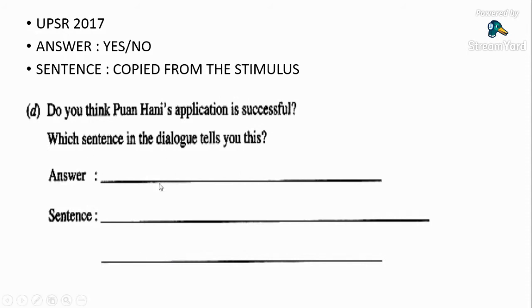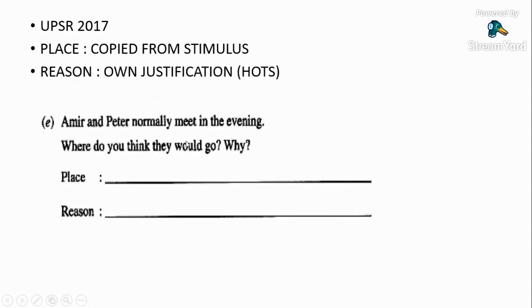In the yes or no ஒரு mark, sentence ஒரு mark. So yes or no, if you write answer yes, if that's the correct answer, you get 1 mark. But let's say ஒரு spelling சாலாவானாலும் they will mark you wrong because they say you cannot copy properly. This one, UPSR 2017, copied from stimulus.